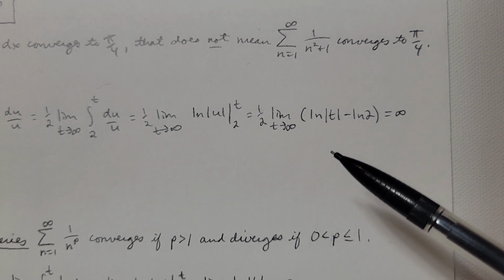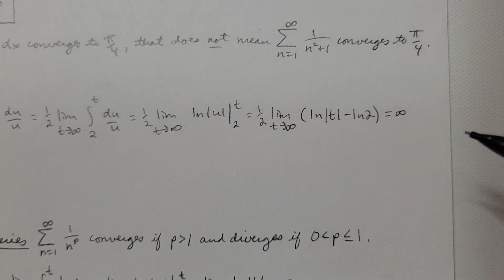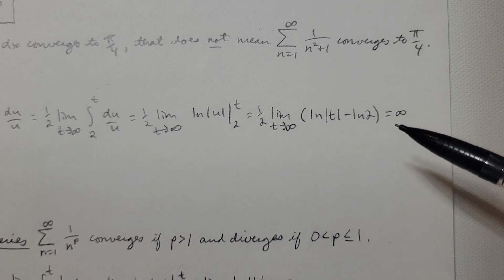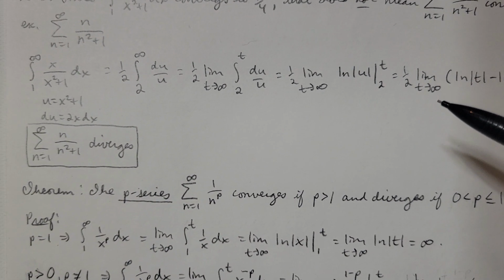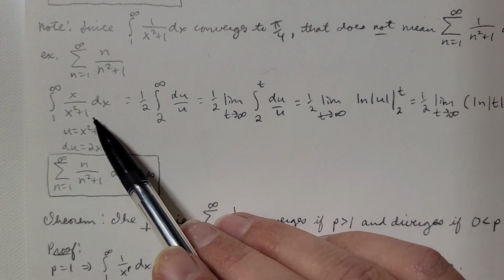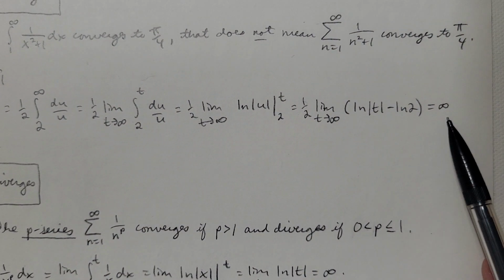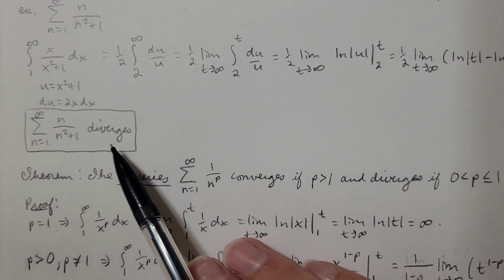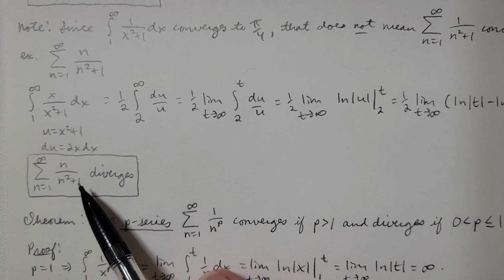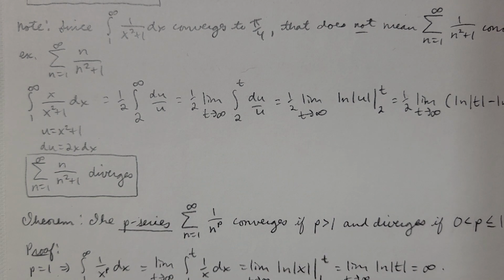I'm still going to get results that are growing without bound. So the end result of that is infinity. Because the integral was divergent, we got infinity there, that means that the series is also going to diverge.